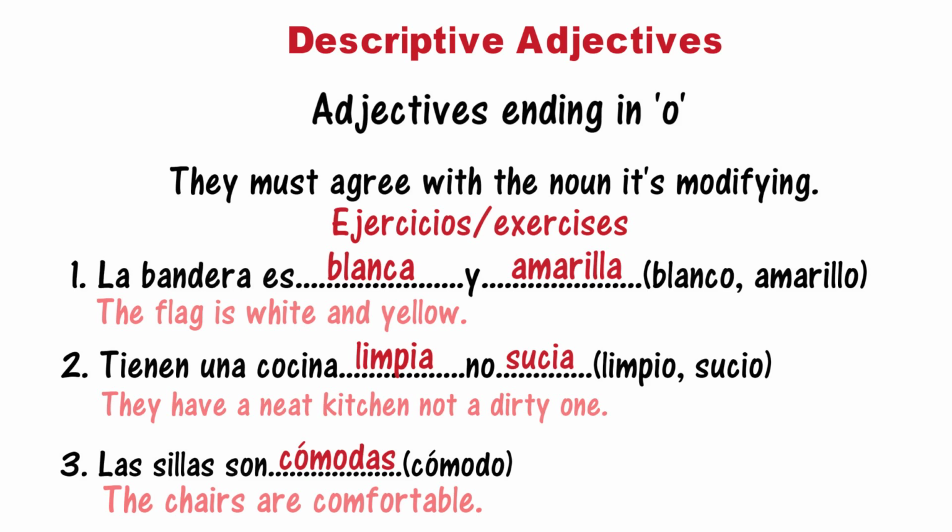Secondly, the noun is plural, and so it's not only cómoda but cómodas. The chairs are comfortable. It must agree with the noun. The noun is feminine plural, and so the adjective has to be feminine plural. So we have las sillas son cómodas.